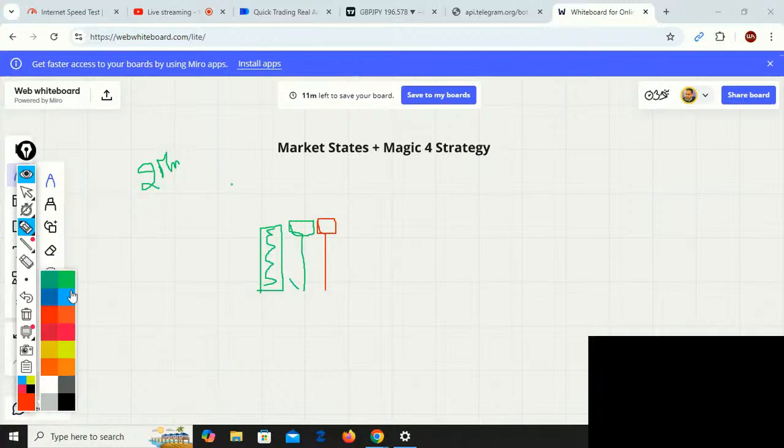Okay, so this candle over here has around 80% follow through rate. What do I mean by follow through?